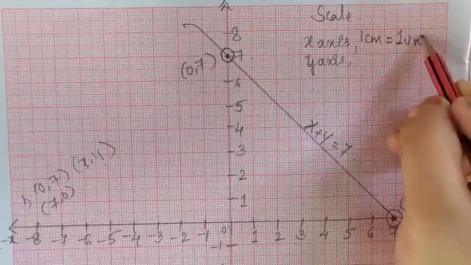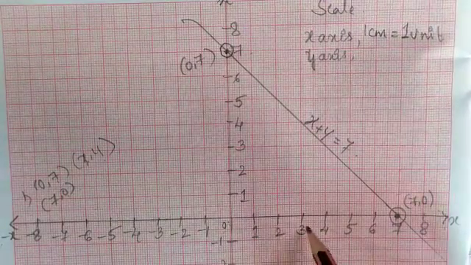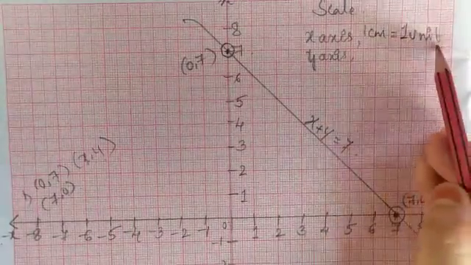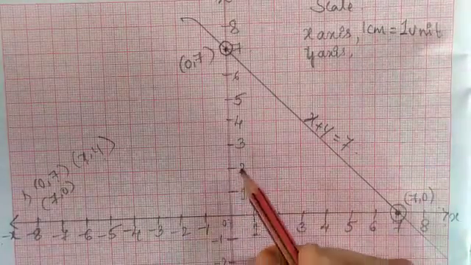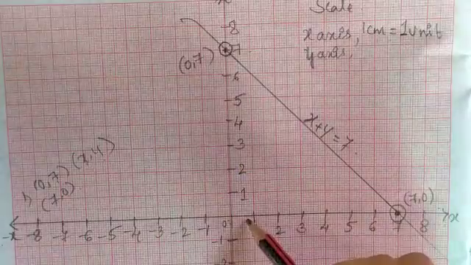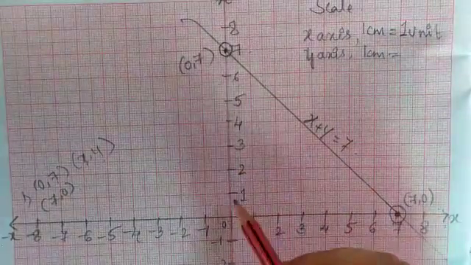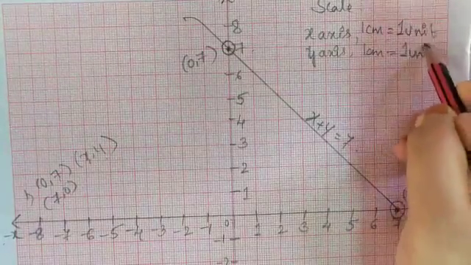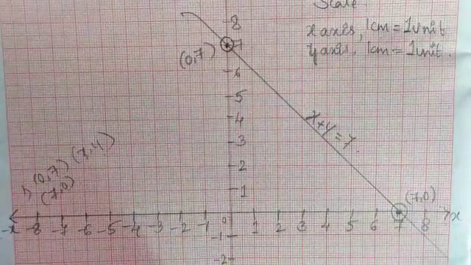So for example, if you have taken 2, 4, 6, 8, like that, 1 centimeter equals 2 units, you have to represent it. If you have taken 5, 10, 15, it means 1 centimeter is equal to 5 units, and you have to write it. Here all are in 1 unit itself, so 1 centimeter is equal to 1 unit.